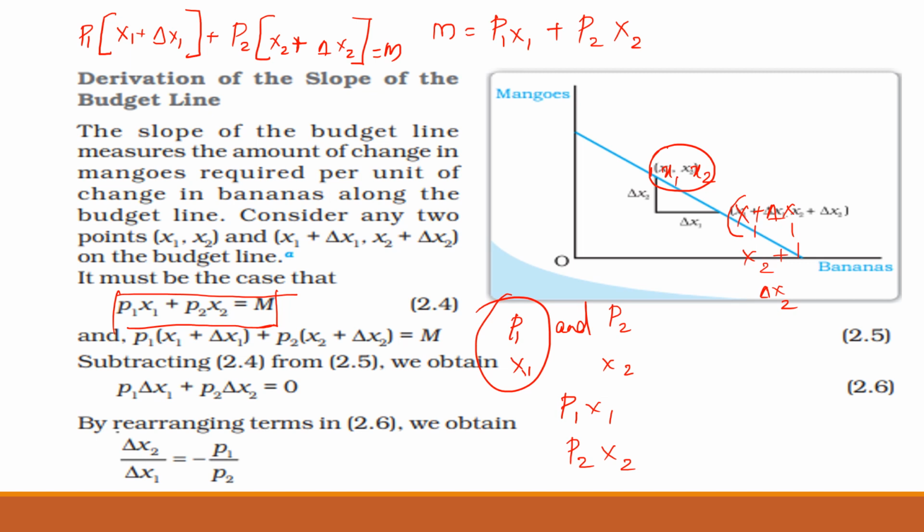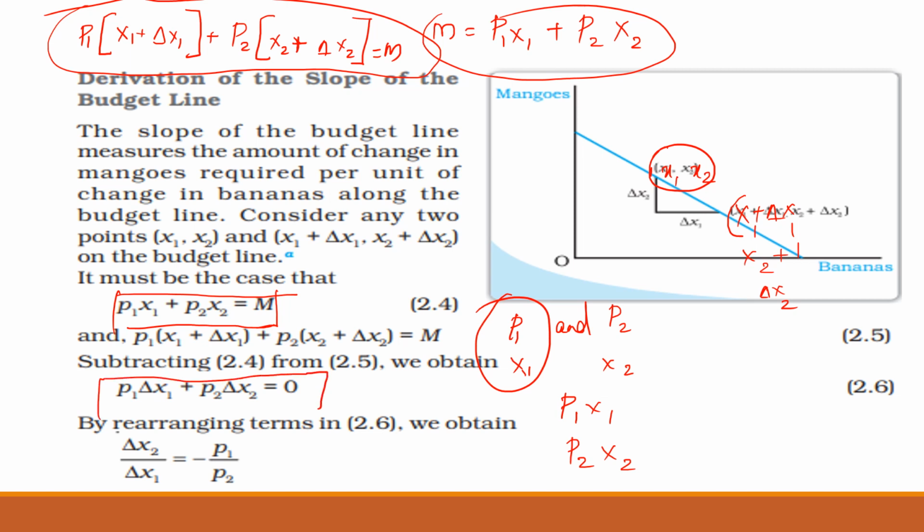So with that, by subtracting this from this, you can have a situation like P1 delta X1 plus P2 delta X2 is equal to 0. And by rearranging, you can get delta X2 by delta X1 is equal to minus P1 by P2, which is the slope of the budget line.